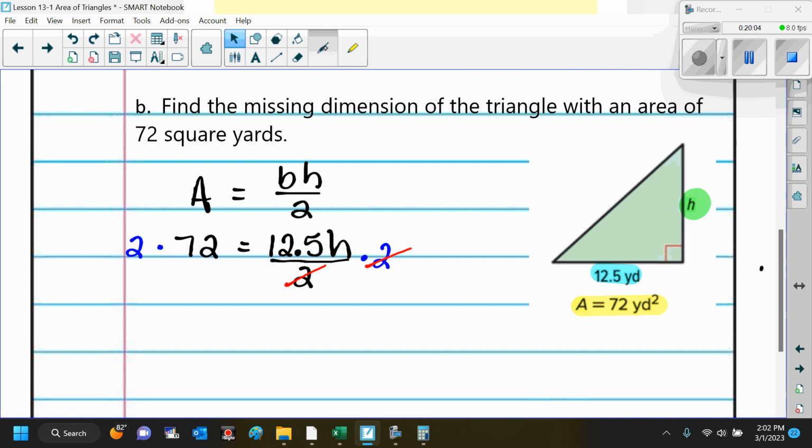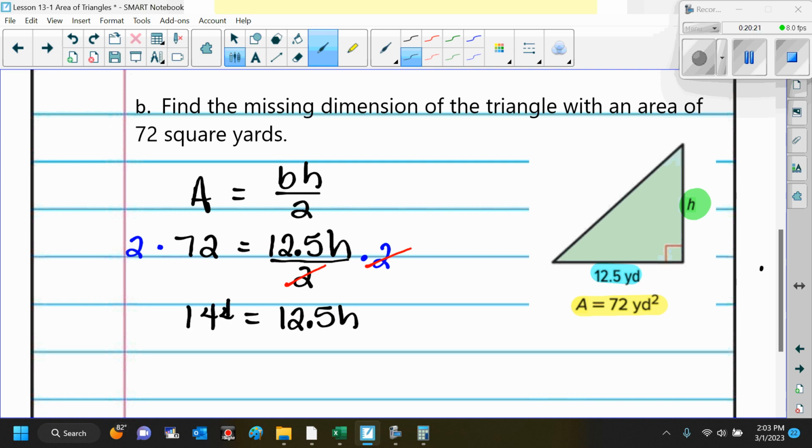So let's bring that down. So we've got 12 and a half H, that's the blue blob, is equal to, that's 72 times 2, that's 144. Right? And now we want to get this H by itself.